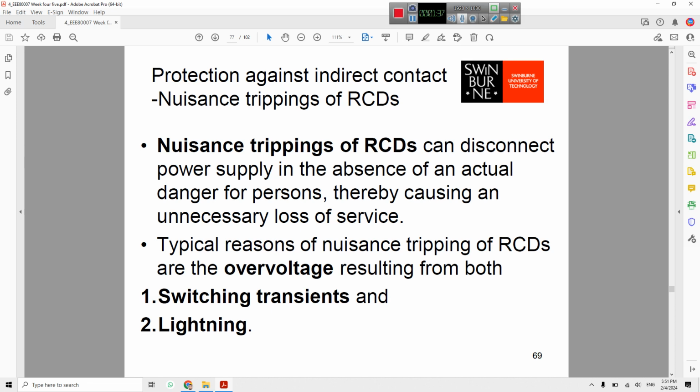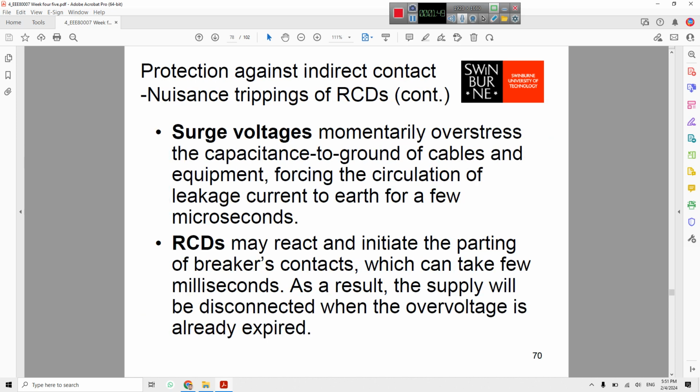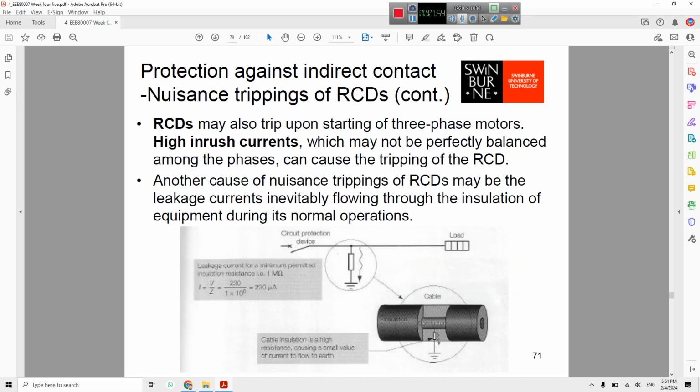But in the case of end users such as factories, of course the starting of the motors and transformers will be affected. Here it is talking about the inrush current of the motors.